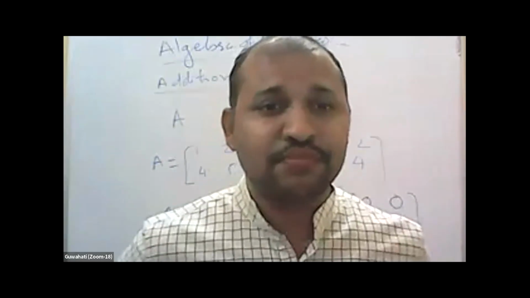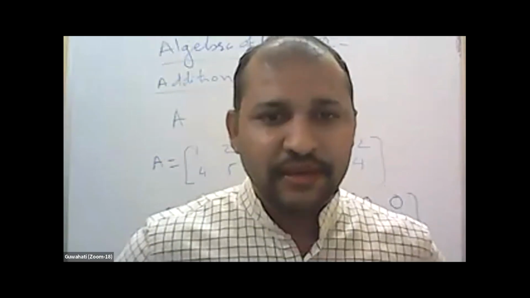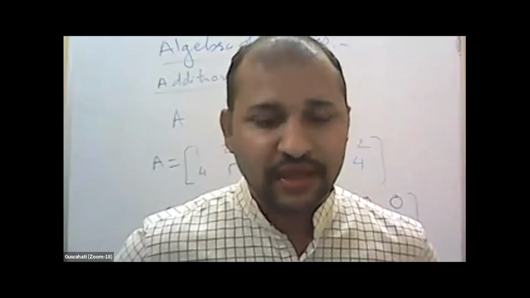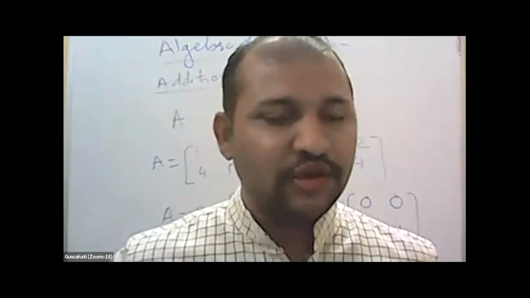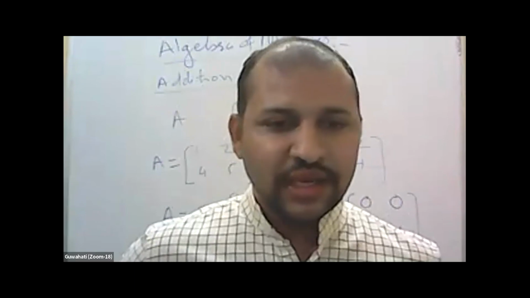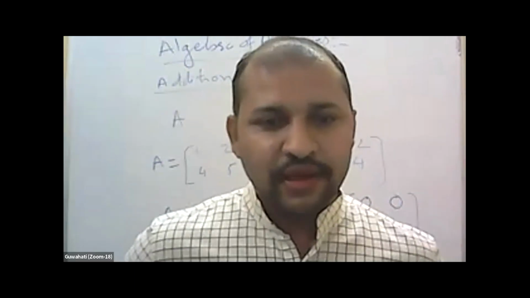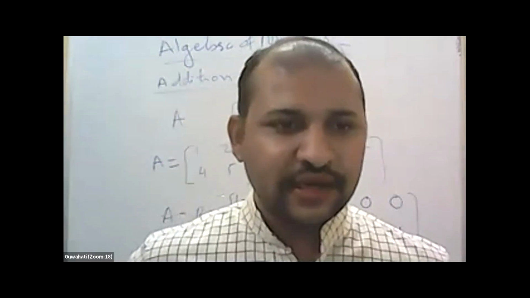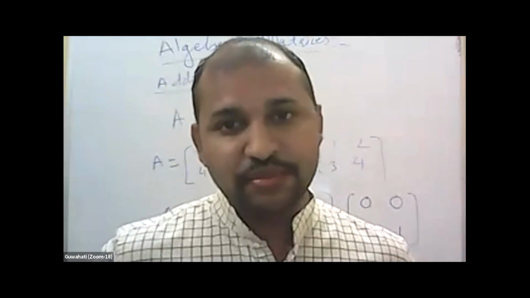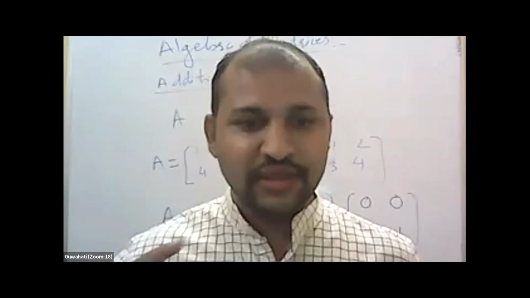Or suppose somebody among you is interested in doing special economics as an honors MA in economics, or somebody is interested to go to the Delhi School of Economics or the London School of Economics, like that. For that, I'm thinking to help you in those directions.